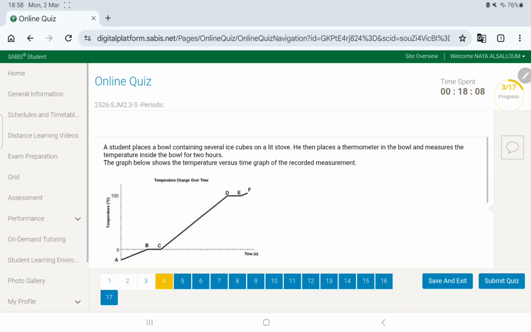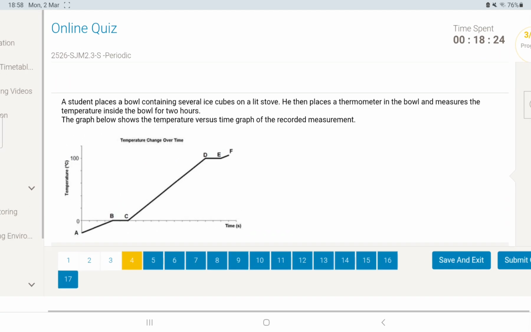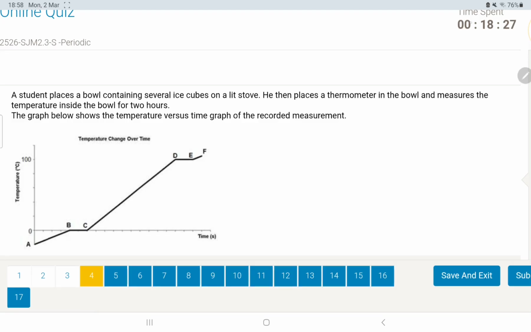Let's see question 4. A student places a bowl containing several ice cubes on a lit stove. He then places a thermometer in the bowl and measures the temperature inside the bowl for 2 hours. The graph below shows the temperature versus time graph of the recorded measurement. Now guys, this question is actually easy. So let's do it step by step together.